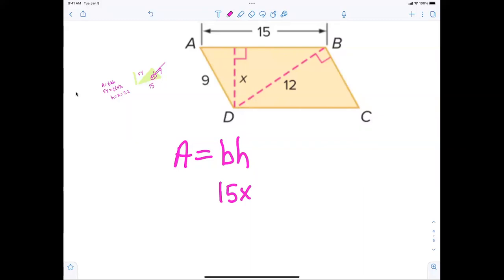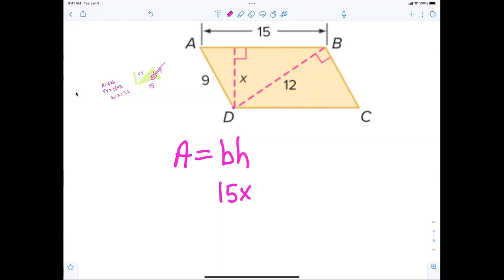Now, what's another base and height of that parallelogram? That's why this is hard to see. Yes, sir. 9 and 12. Everybody see that? Ooh, wait a minute.